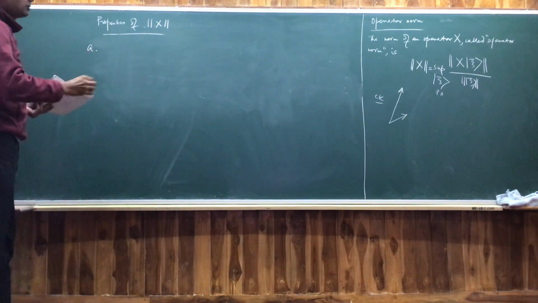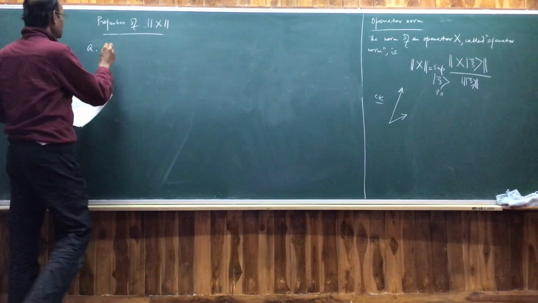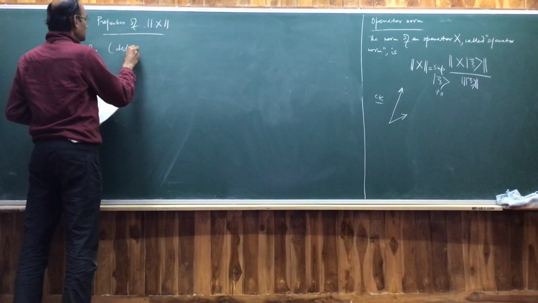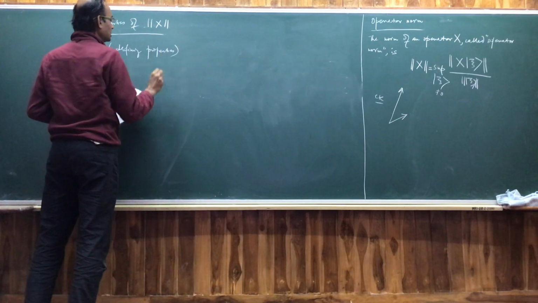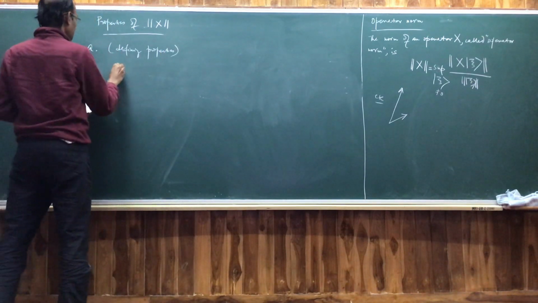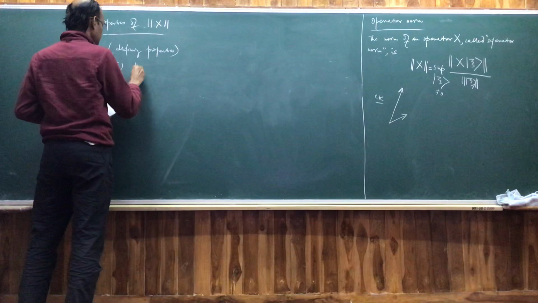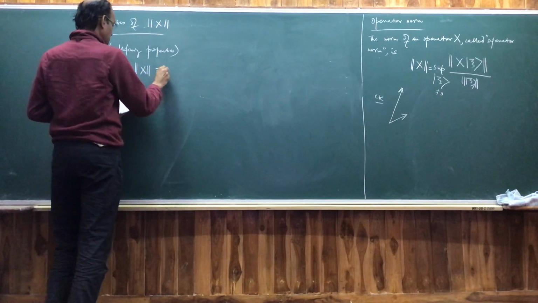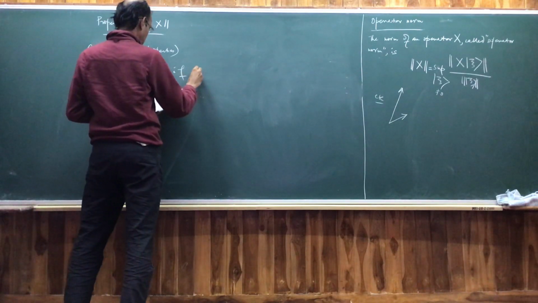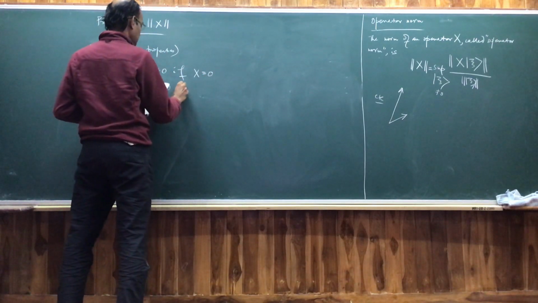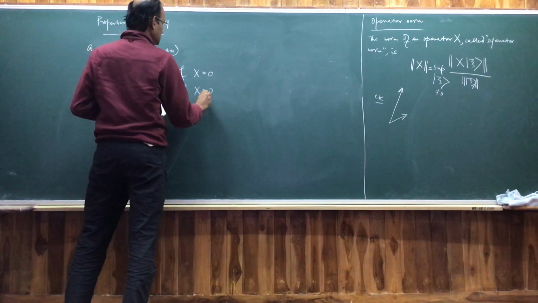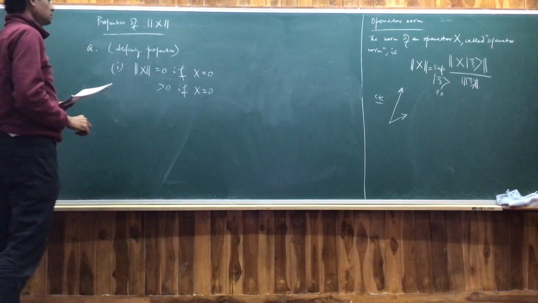First of all, you have to see whether it satisfies the defining properties, whether it can be called a norm. So number one, you can show that this is equal to 0 if x is the zero vector and is greater than 0 if x is not the zero vector.